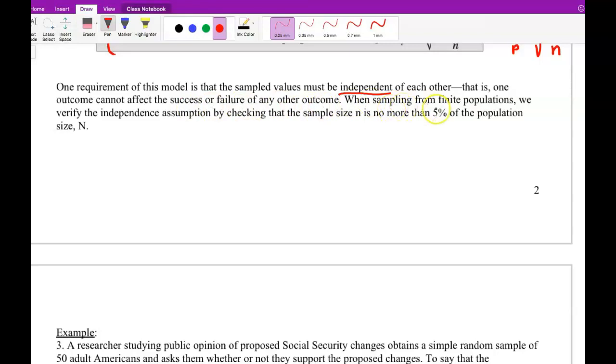When sampling from a population, we verify the independence by checking that the sample size n is no more than 5% of the population size. I'm writing that here, meaning that the sample size should be less than or equal to 5% of the population size.